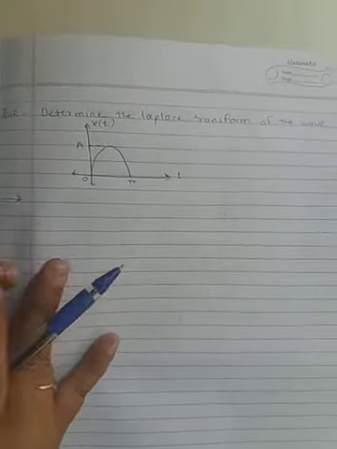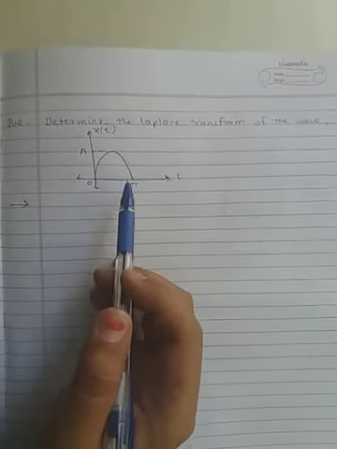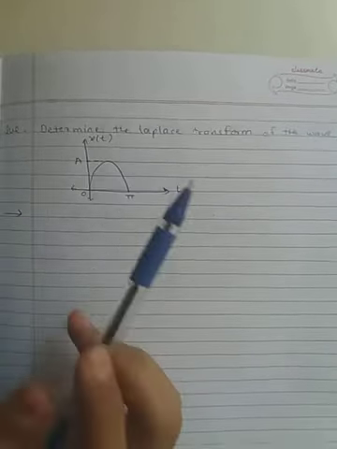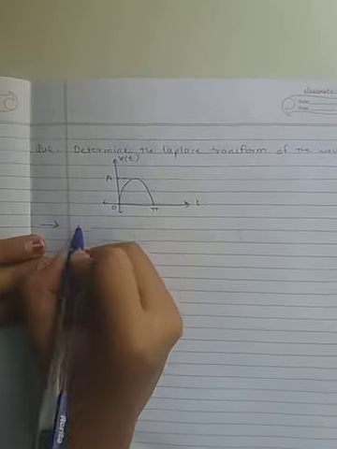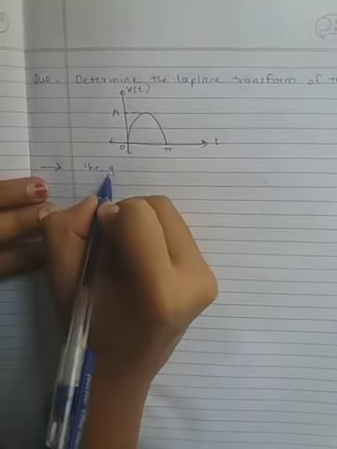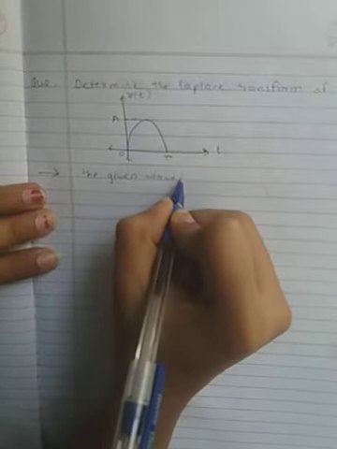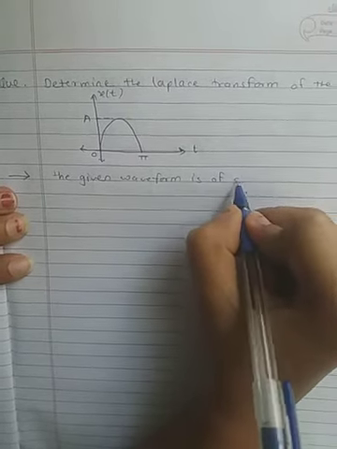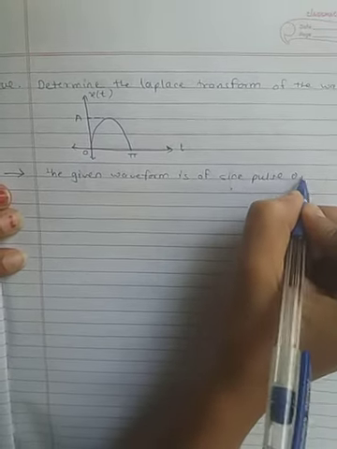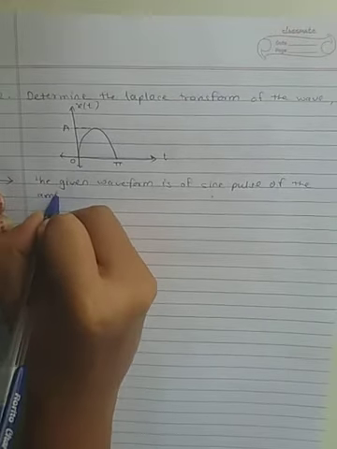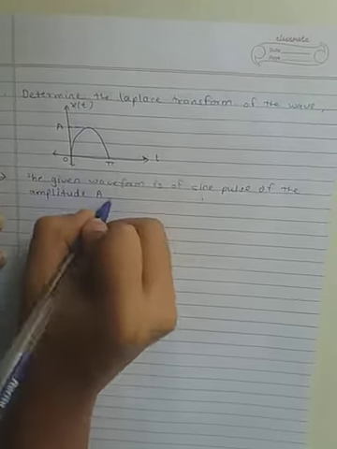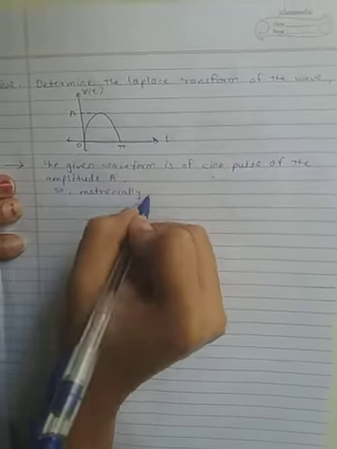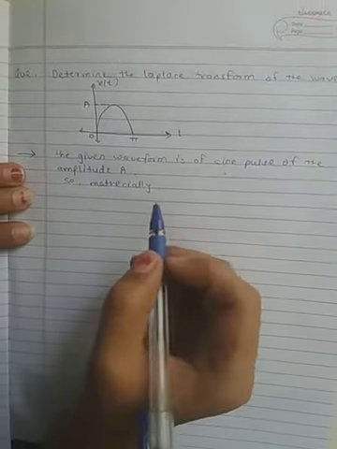Now here we can understand the Laplace transform by considering an example. Here the question is determining the Laplace transform of the wave. This is the wave, and the given waveform is a sine pulse of amplitude A. So mathematically we have to first define a mathematical equation of the region.